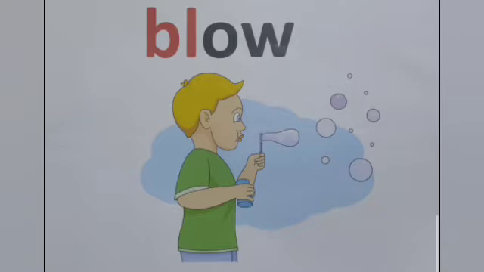How do you release air from your mouth? You blow. Blow, blow. B-L-O-W, blow. Children, on your birthday, what do you do to the candles that are lit on your birthday cake? You blow the candles out. You blow air into the balloon.